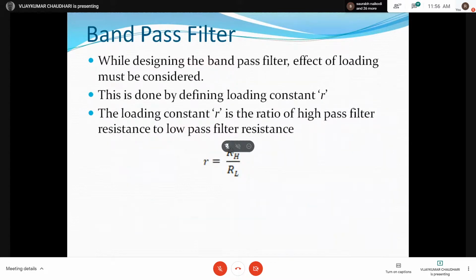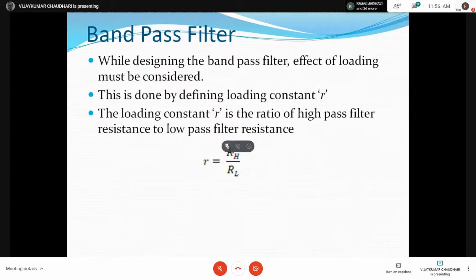Because the low pass filter is succeeded by the high pass filter, they are connected in cascade, so the second stage may load the first stage. That is, the high pass filter may be loading the low pass filter. To avoid this, care must be taken, and for this we define the loading constant r.